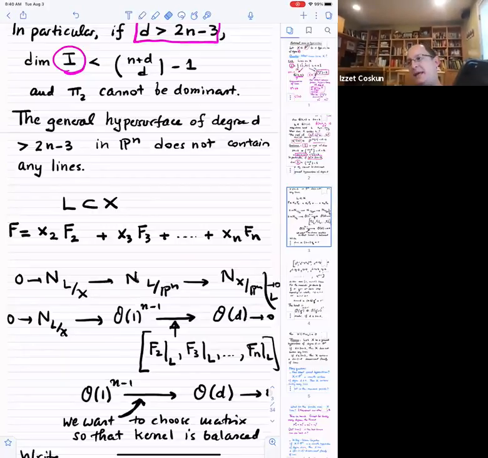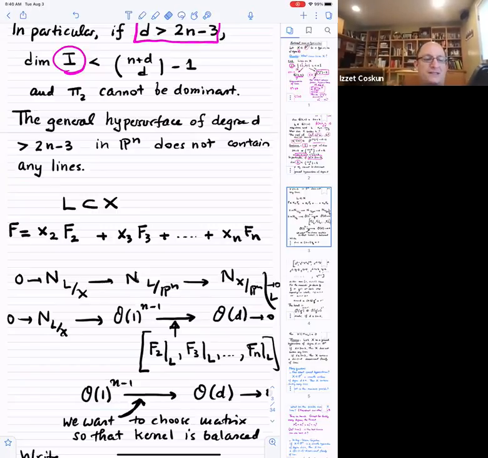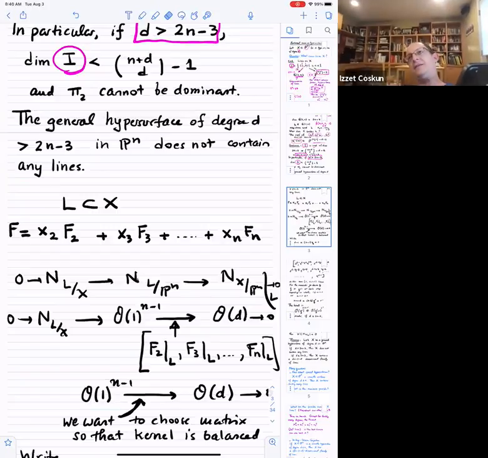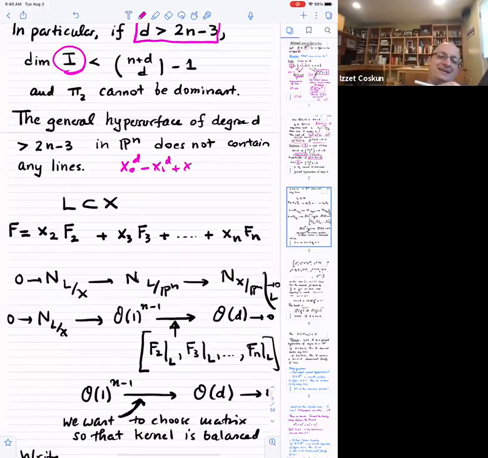So if in P3, I give you an equation of degree 4 or more, and somehow you choose the coefficients sufficiently randomly, then that surface will not contain any lines. But of course, there are always hypersurfaces that do contain lines. For instance, take the Fermat: x0 to the d minus x1 to the d plus x2 to the d minus x3 to the d, and so on.